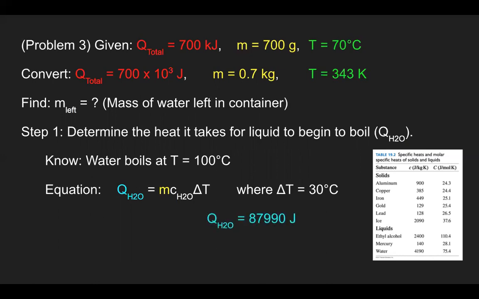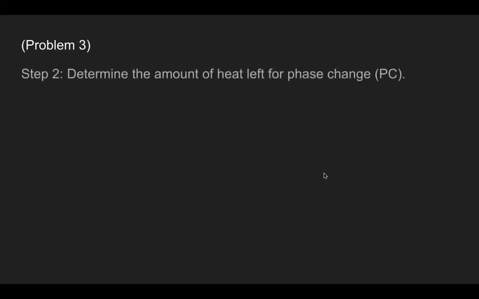So we plug all the numbers in, right? And we get 87,990 joules. So once all that water has entered that heating stage and is beginning to change into its vapor state, we have to consider something else, right? If we continue with our steps, next is to determine the amount of heat left for the phase change.